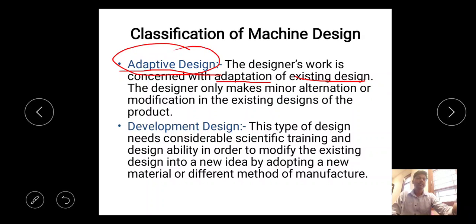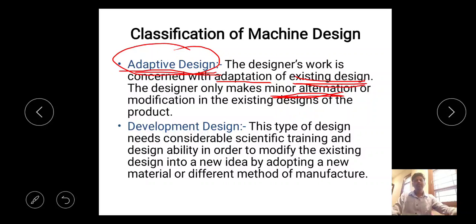Here the designer's work is concerned with adaptation of an existing design. The design is already there and you are improving it. The designer makes only a minor, small alteration and improves it. You are adopting a small method or small improvement, so that is called adaptive design.